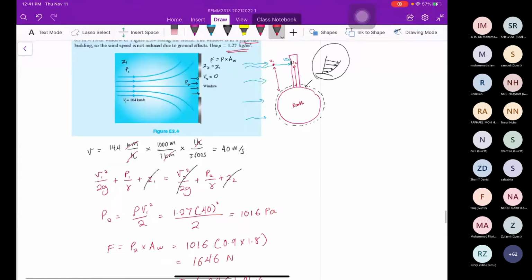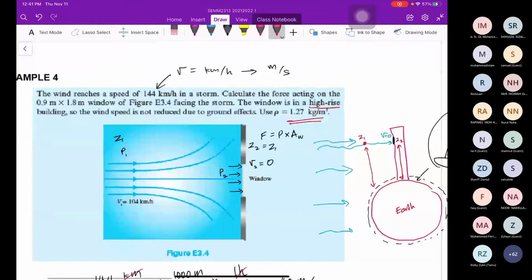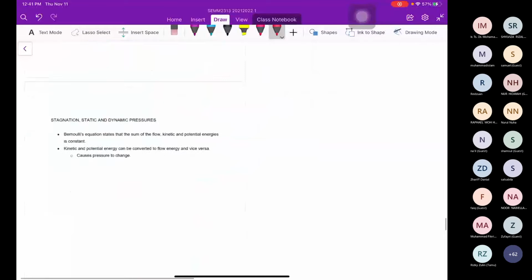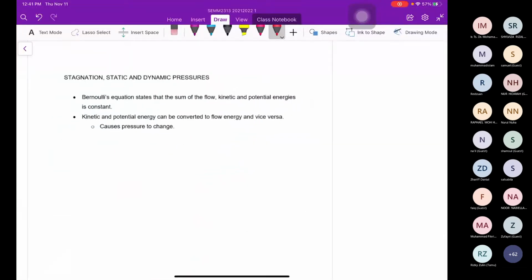Since we are dealing with the stagnation point, where the fluid particle, when reaching the obstacle, will decelerate and stop immediately, the velocity will become 0 while the pressure will increase drastically. Why? Okay, this is the reason. For example, we have the ball, and then we have the flow.